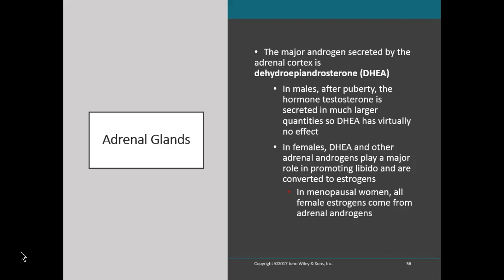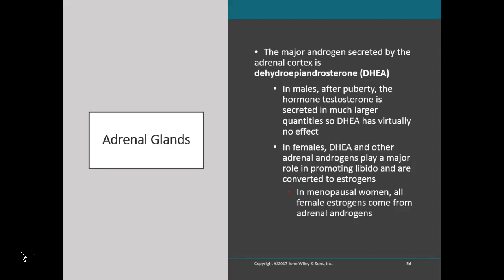In females, though, the adrenal androgens play an important role. They promote libido, or the sex drive, and are converted into estrogens, feminizing sex steroid hormones, in other body tissues. After menopause, though, when the ovaries stop making estrogen, all female estrogens then come from the conversion of these androgens to estrogens.